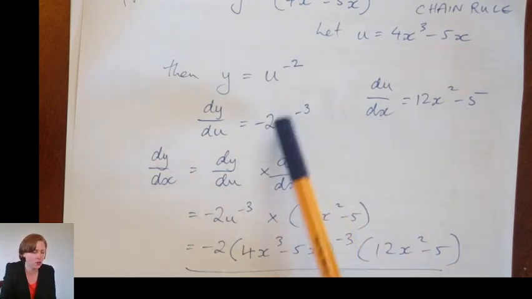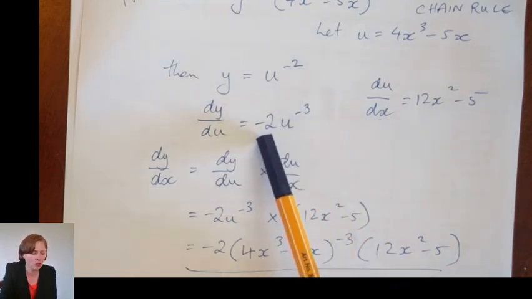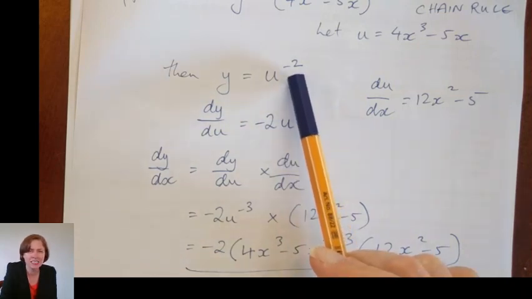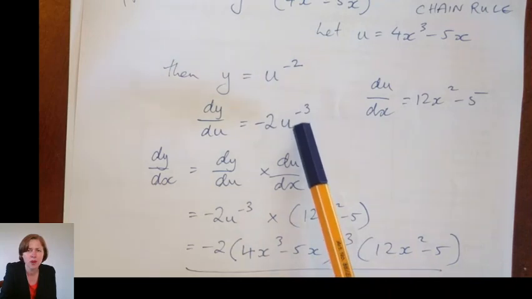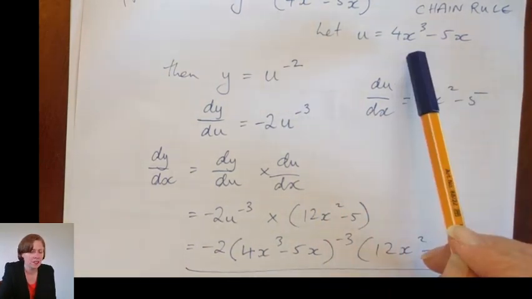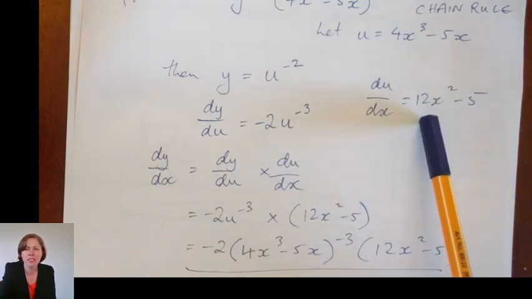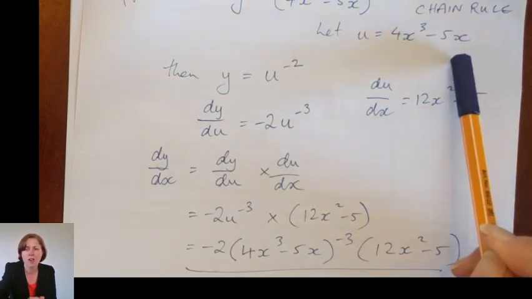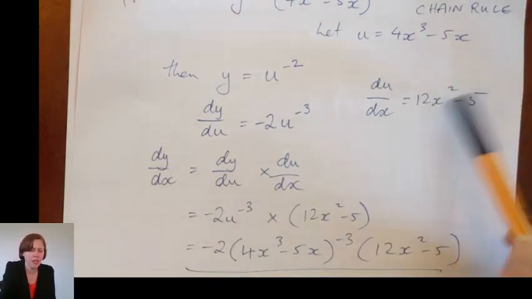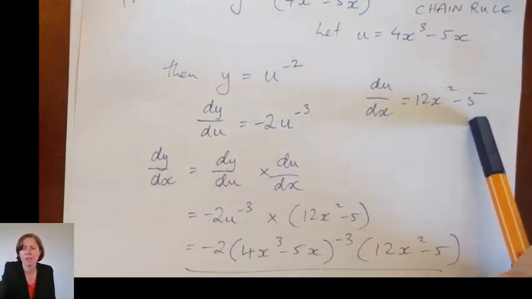Take this -2 out the front, giving me -2 times u. This power has to be 1 less than this, so -2 minus 1 gives me -3. This one over here, the 3 times the 4 gives me 12x squared, and minus 5x becomes -5.